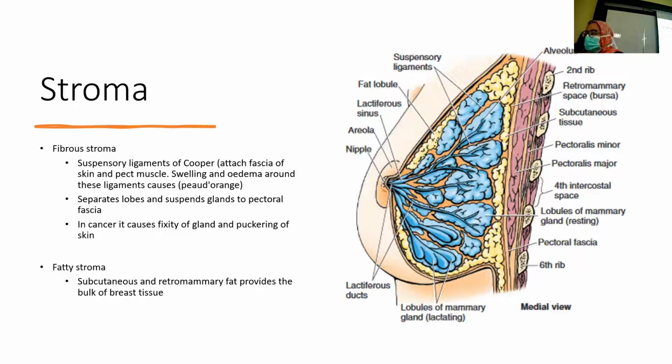In cancer as well, it causes fixity of the gland and puckering of the skin if the cancer invades the fibrous stroma. In the fatty stroma, you've got the subcutaneous fat at the front here, and then you also have the retromammary fat. These provide the bulk of breast tissue.